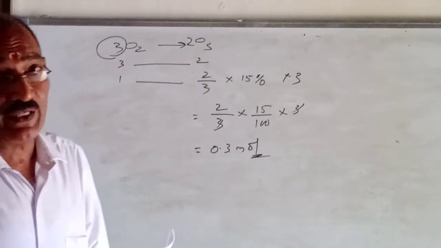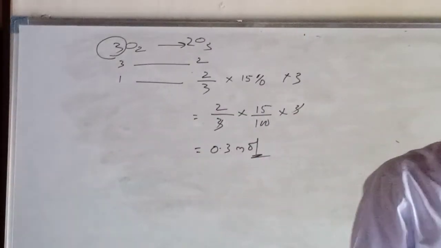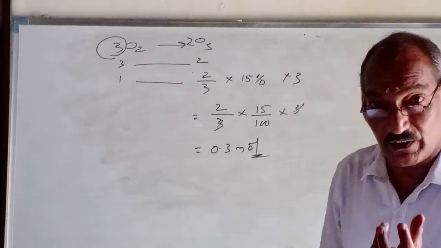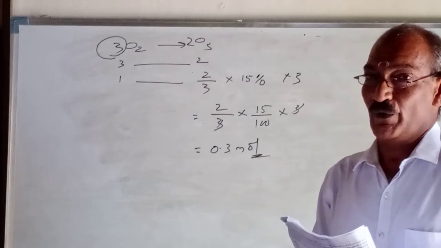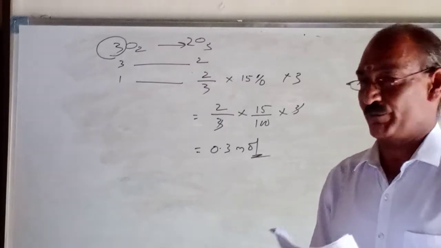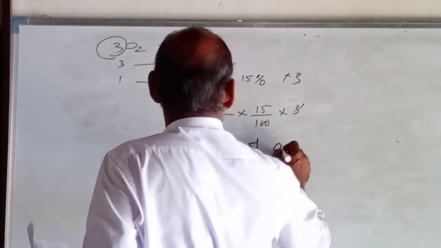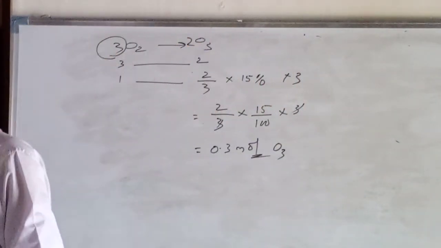But we have to find out the mass. We don't want moles. Because in the question they are asking how much quantity of ozone, or what is the mass of ozone? But here we got only 0.3 mole ozone. How can we find the mass of ozone?